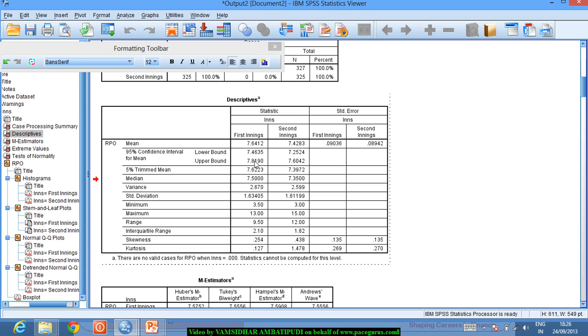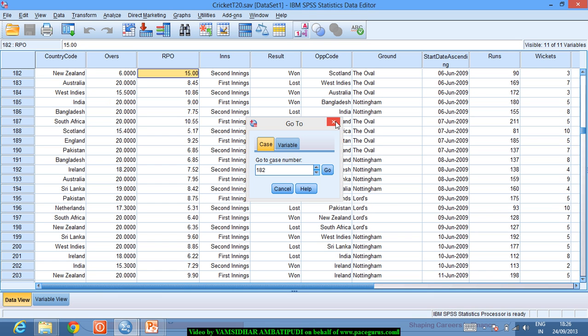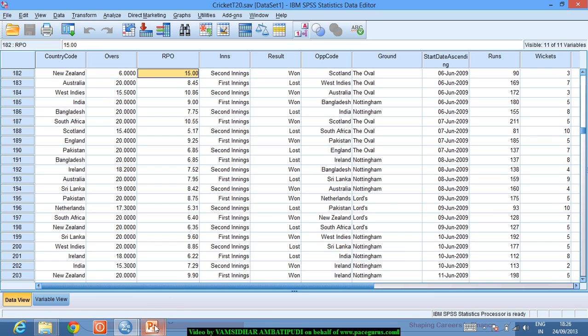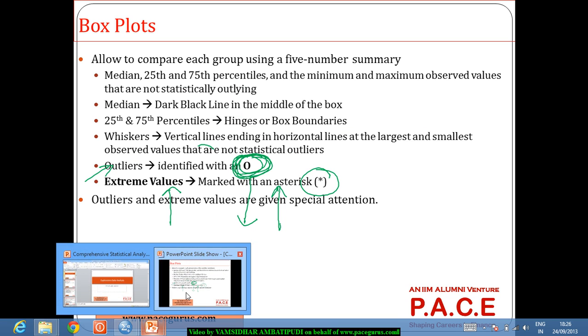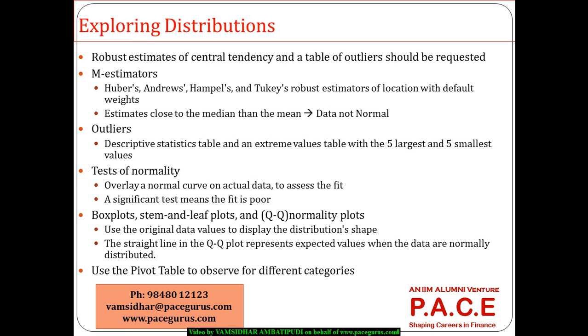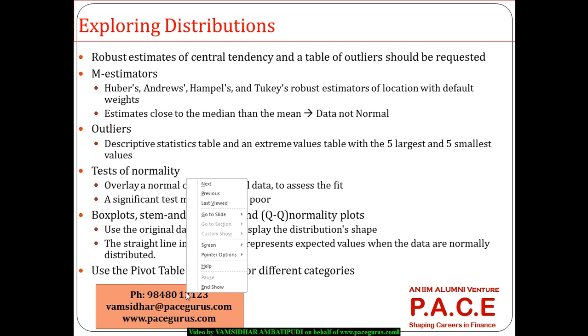And now the most important thing I would like to suggest here is the M-estimators. There are four types of estimators that SPSS computes for us.